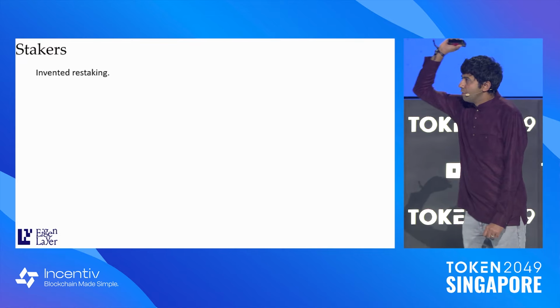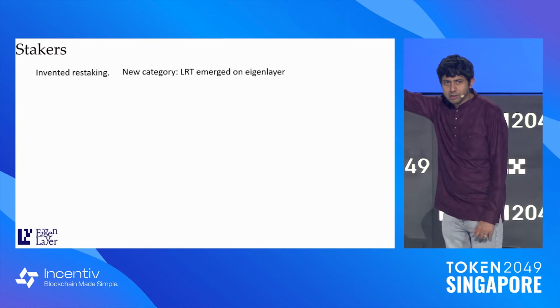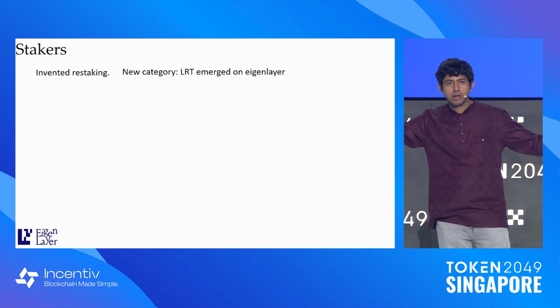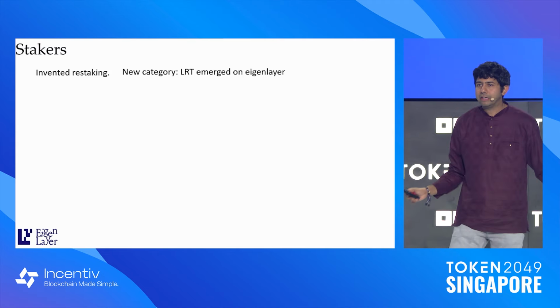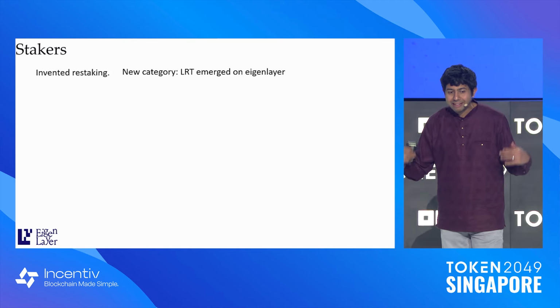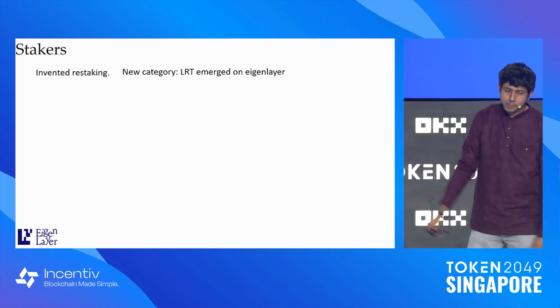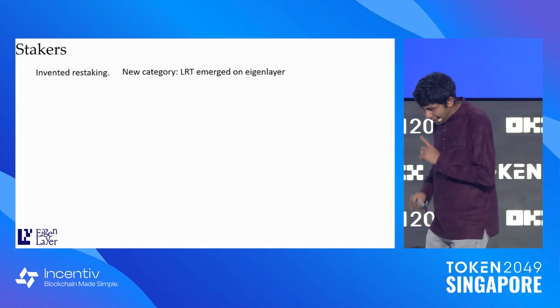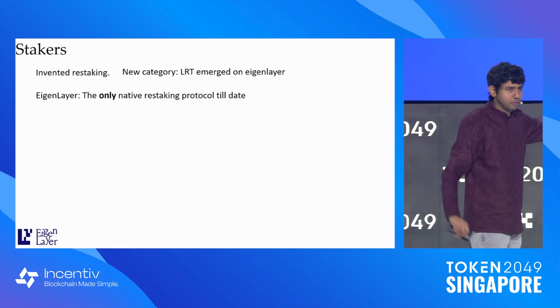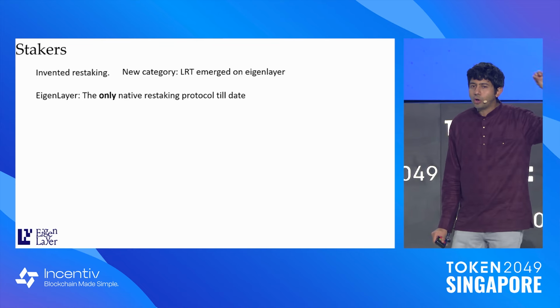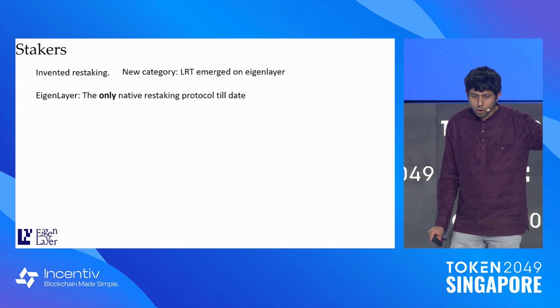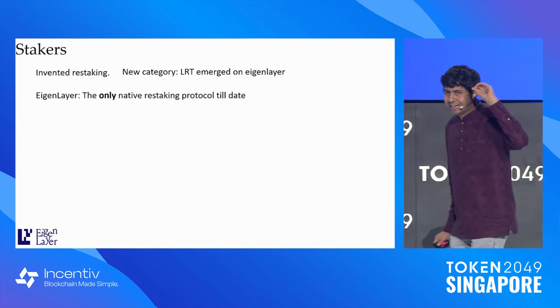Firstly, we invented the idea of restaking. Now it's become a whole industry category. Furthermore, there is a subcategory, liquid restaking tokens, invented on EigenLayer, and now spreading to all of crypto. Even though we have this massive proliferation of this core idea, EigenLayer is the only native restaking protocol to date. What does native restaking mean?